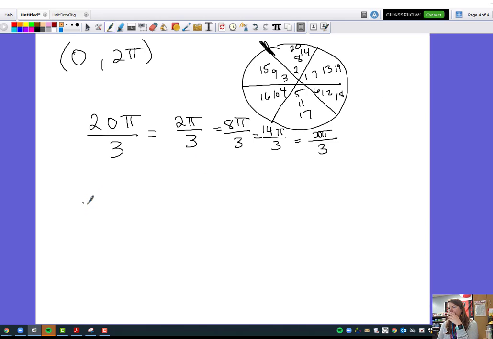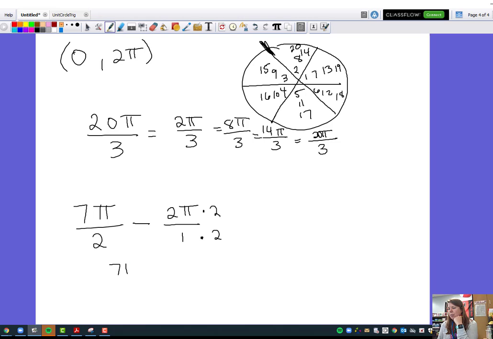The other way you can think about this is like 7 pi over 2. I think this is actually a problem on your assignment. So 7 pi over 2, we're going to subtract out 2 pi. But I need this denominator to be 2, so I need to multiply this by 2 and my denominator by 2 so that I can subtract my fractions.